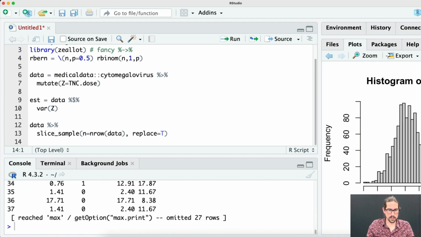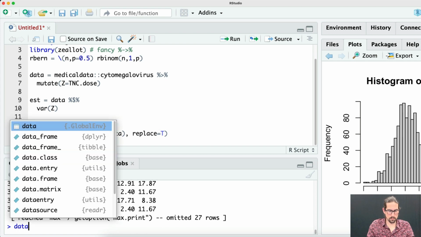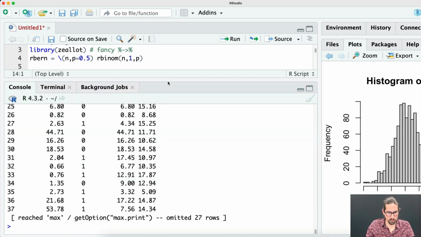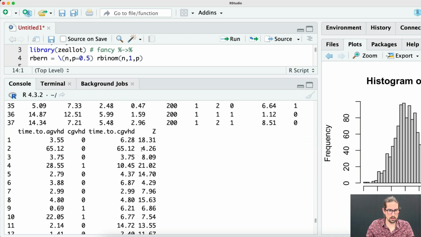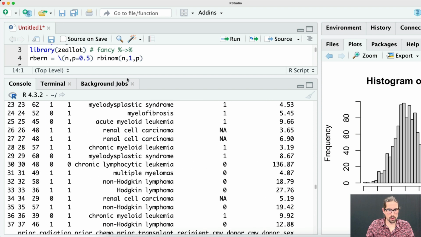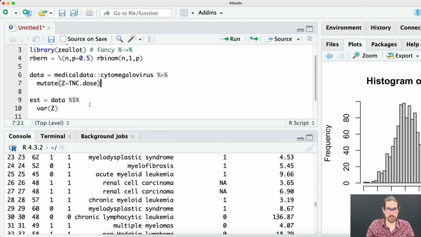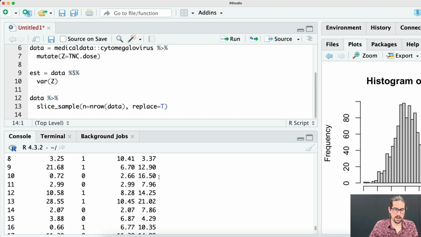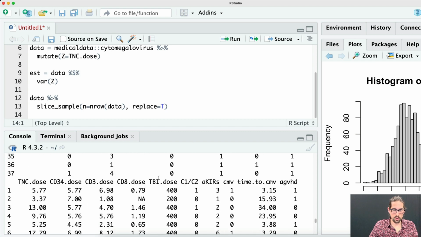My original data set looks like this, and my bootstrap sample looks basically the same. It's just different rows sampled from that, so it looks pretty similar.